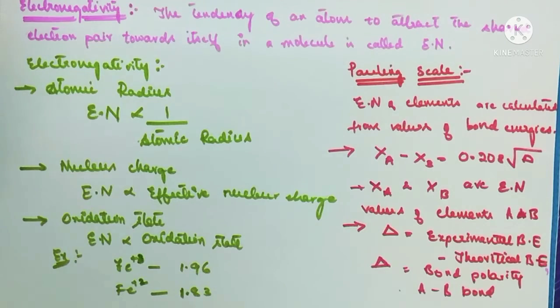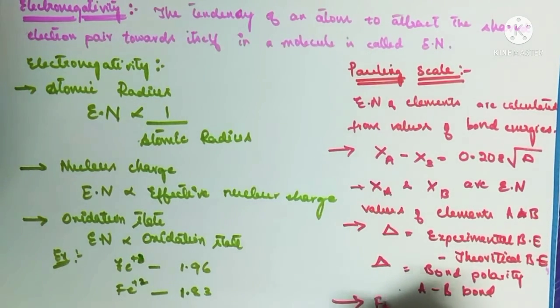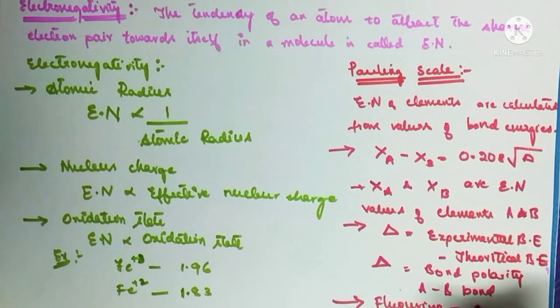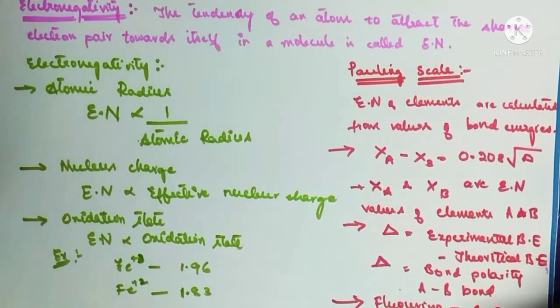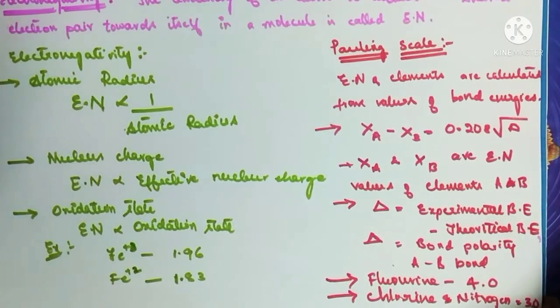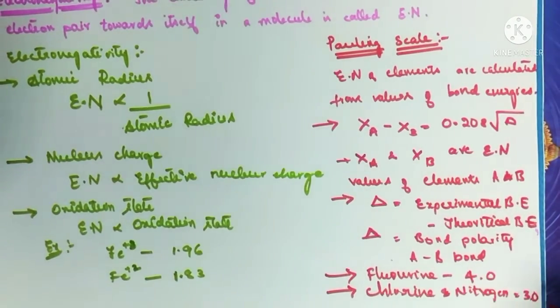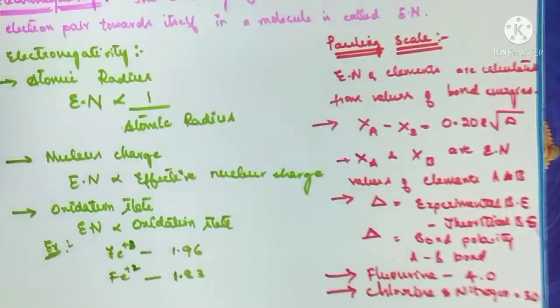The highest electronegativity value is for fluorine, which is 4. Next are chlorine and nitrogen, both of which have the electronegativity value of 3.